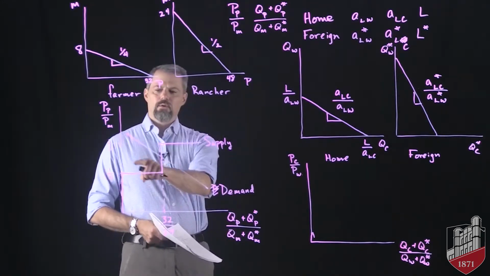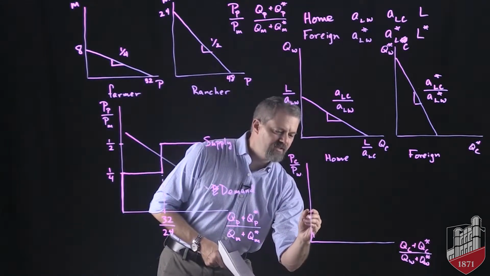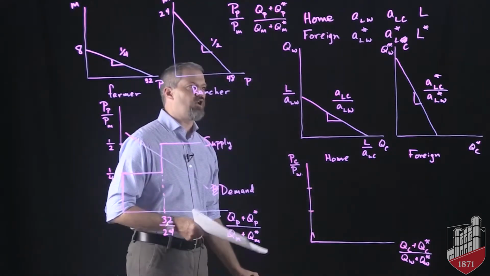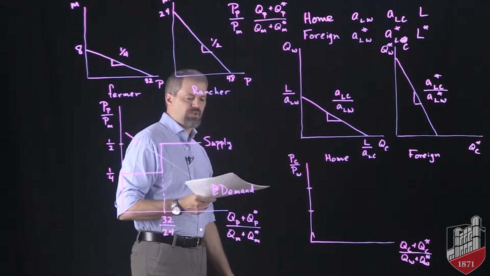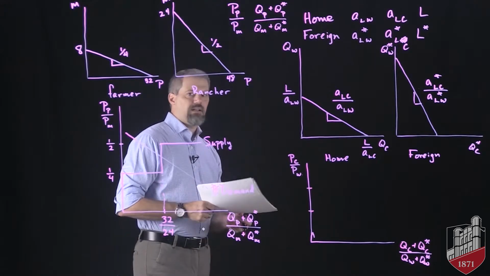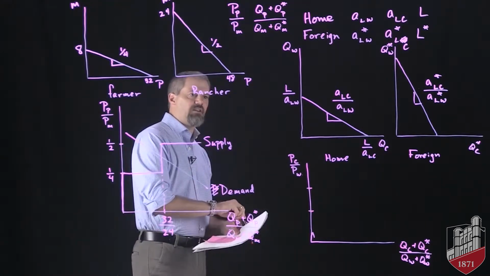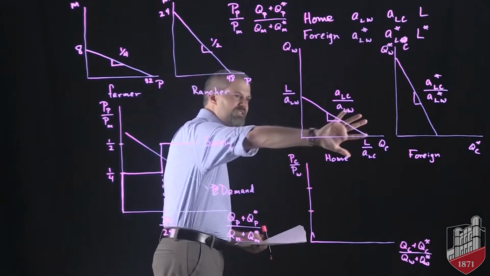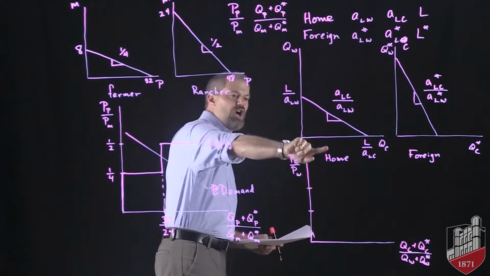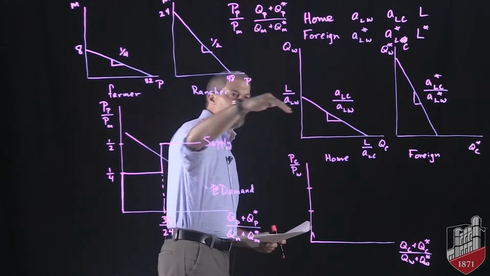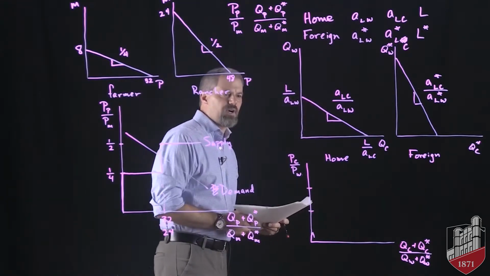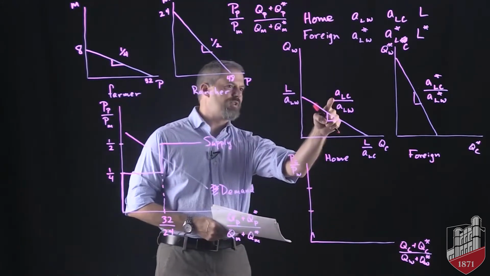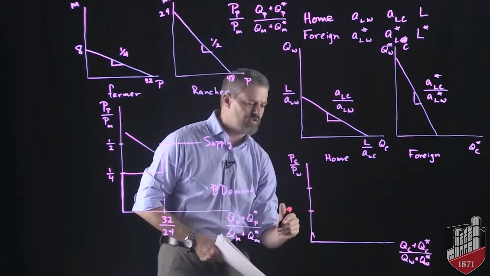Now, the two prices that are going to be important in this picture are going to be the slope of our production possibilities frontier. And we've done the same thing here in this picture, this set of pictures is what we did here. Home has the smaller slope to their production possibilities frontier, and that slope is right here, the ratio of the unit labor requirements.